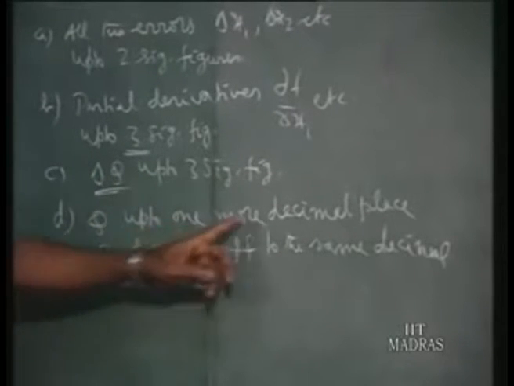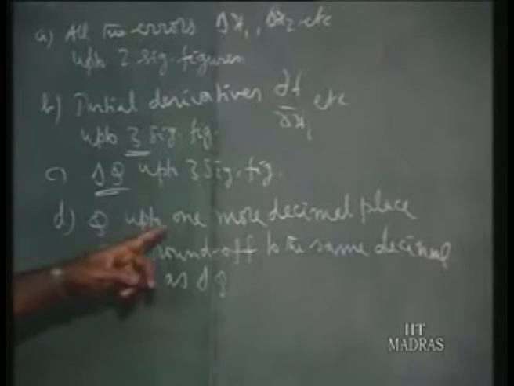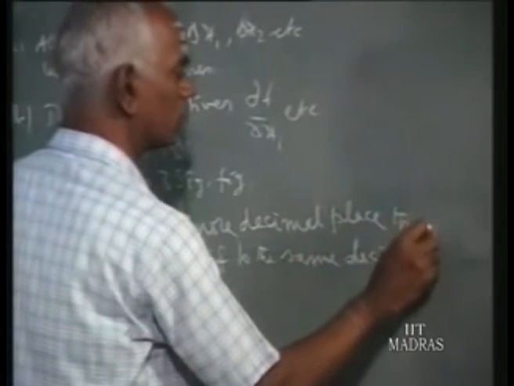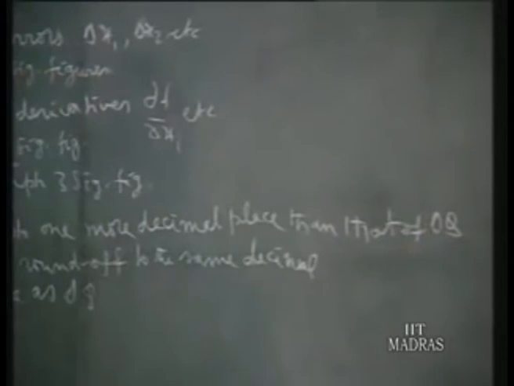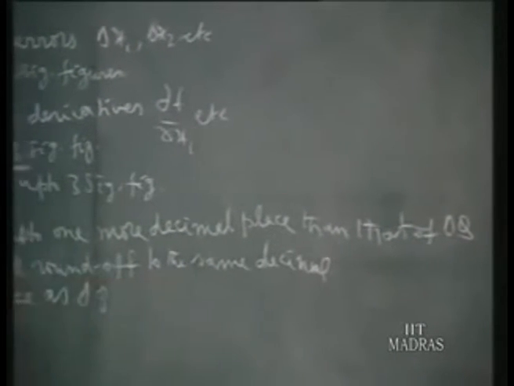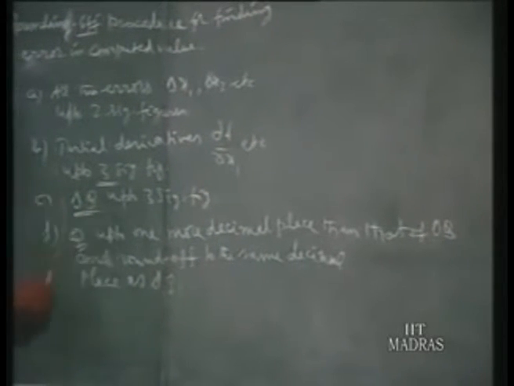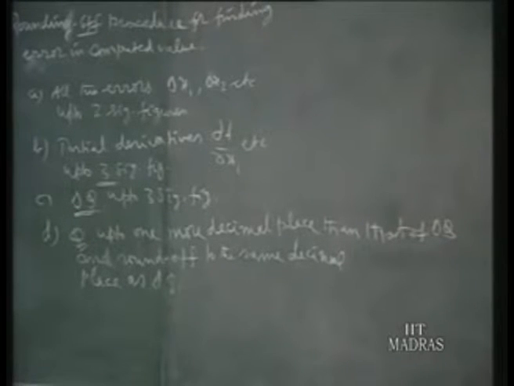So, q we have to find out up to one more decimal place than that of delta q, and then round it off to the same decimal place as delta q. That is why I told you that q, the nominal horsepower or nominal computed value, should be found out after finding the error, because up to which decimal place we have to find it will be known only after delta q is known.